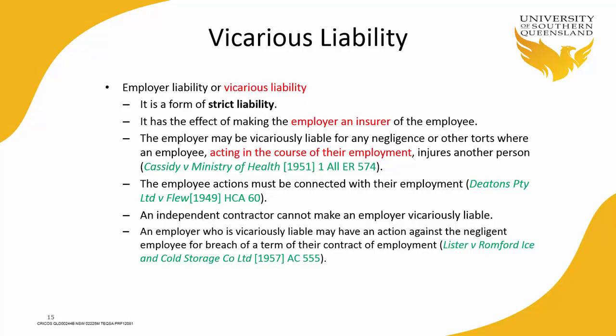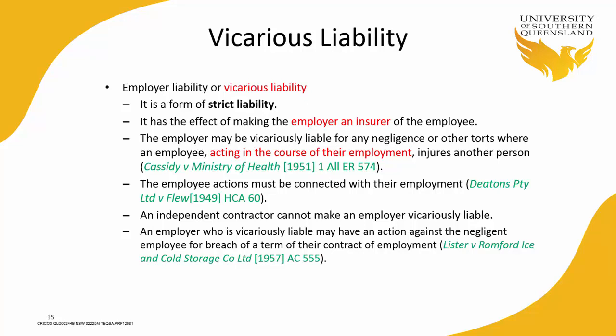Mostly this will come in the context of the employer-employee relationship. So if the employee commits a tort, for example, or is negligent, to be specific for our purposes, then the employer is going to be found liable for the actions of the employee. So the employer in this sense is insuring the actions of the employee.